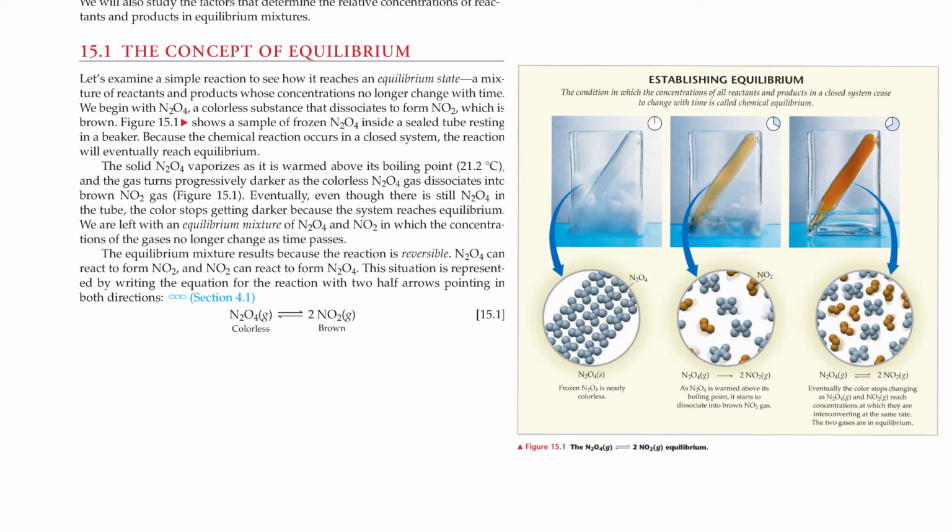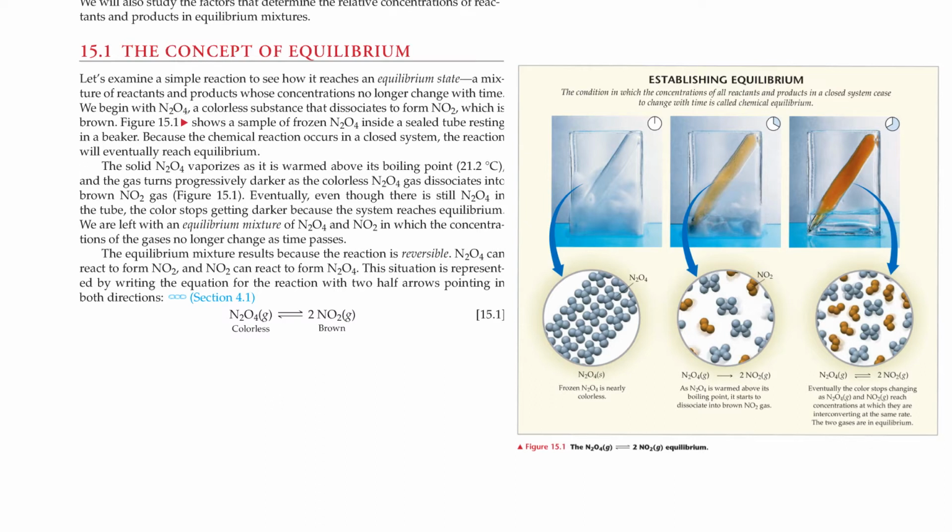Eventually, even though there is still some dinitrogen tetroxide in the tube, the color stops getting darker because the system reaches equilibrium. We're left with an equilibrium mixture of dinitrogen tetroxide and nitrogen dioxide in which the concentrations of the gases no longer change as time passes.